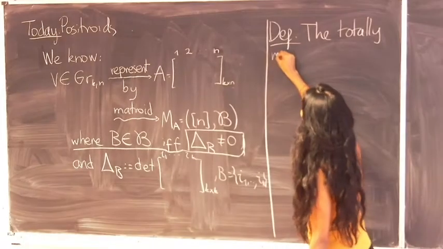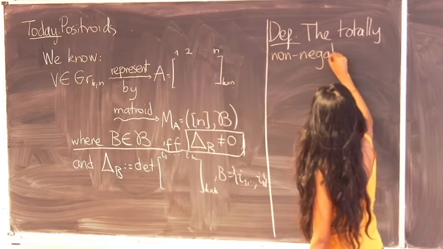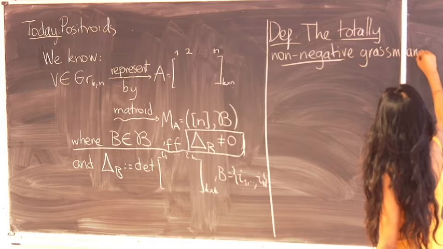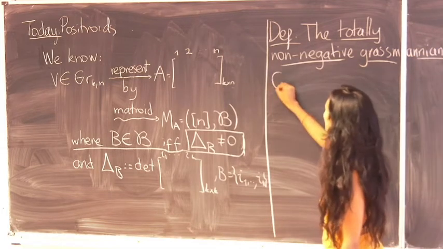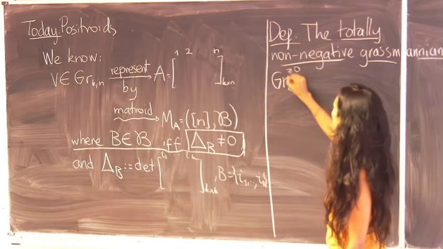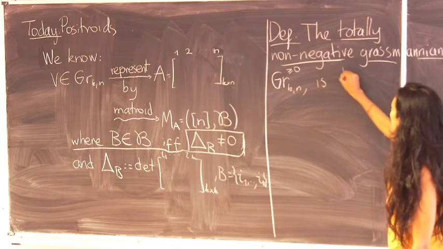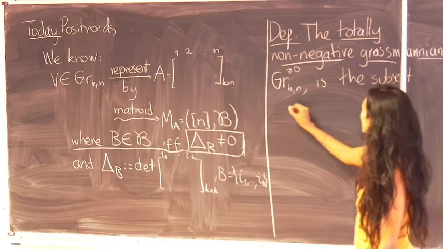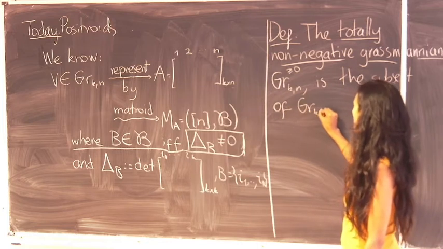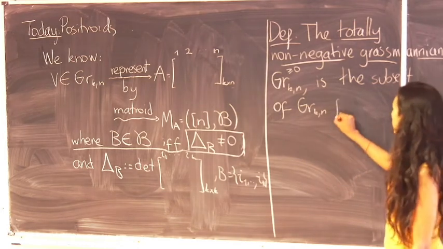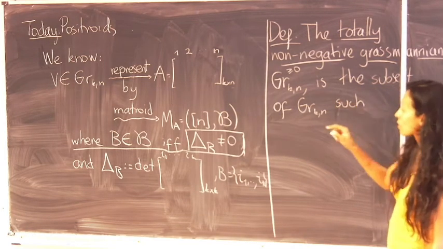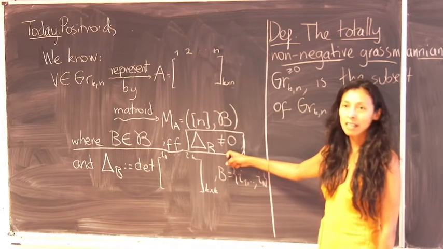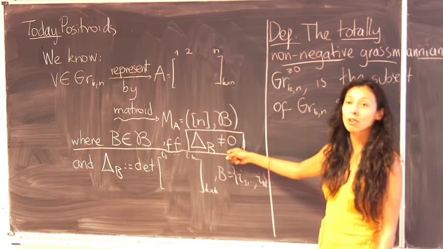So the totally non-negative Grassmannian, which we are going to denote Gr_{k,n} with a greater than or equal to 0 on top, is the subset of the Grassmannian, the subset of k-dimensional vector spaces for which there exists a matrix that represents it in such a way that any k by k subdeterminant of that matrix is either 0 or strictly bigger than 0.